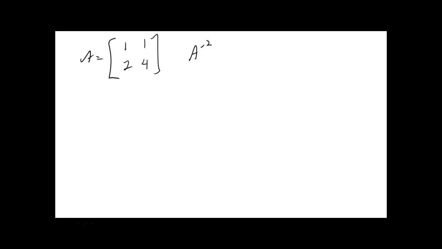Okay, it says compute that two different ways. Now, how might you compute it one way? Okay, what I hear you to say would be A inverse squared. Is that what you're suggesting?